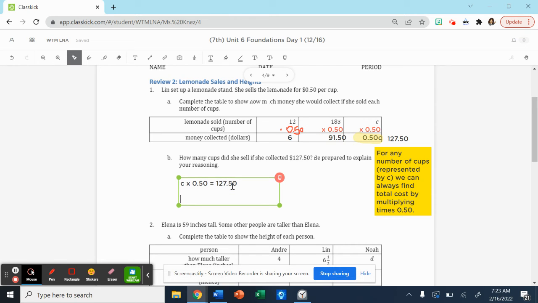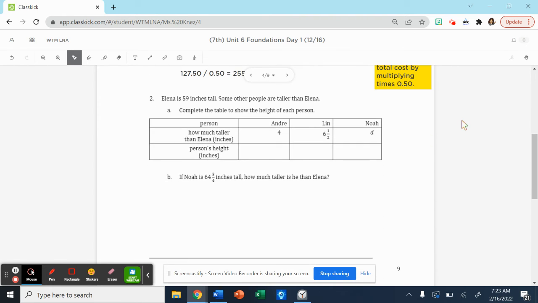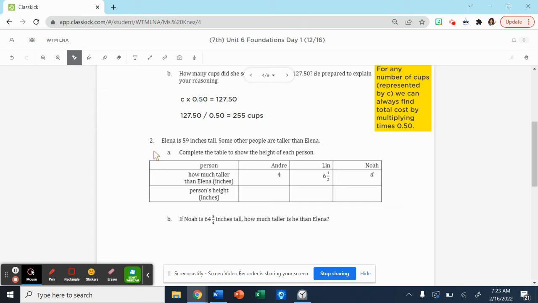So I can use my inverse operation to solve. 127.50 divided by 0.50 will show me that she is making 255 cups. And that's how many cups she needed to sell to make $127.50.